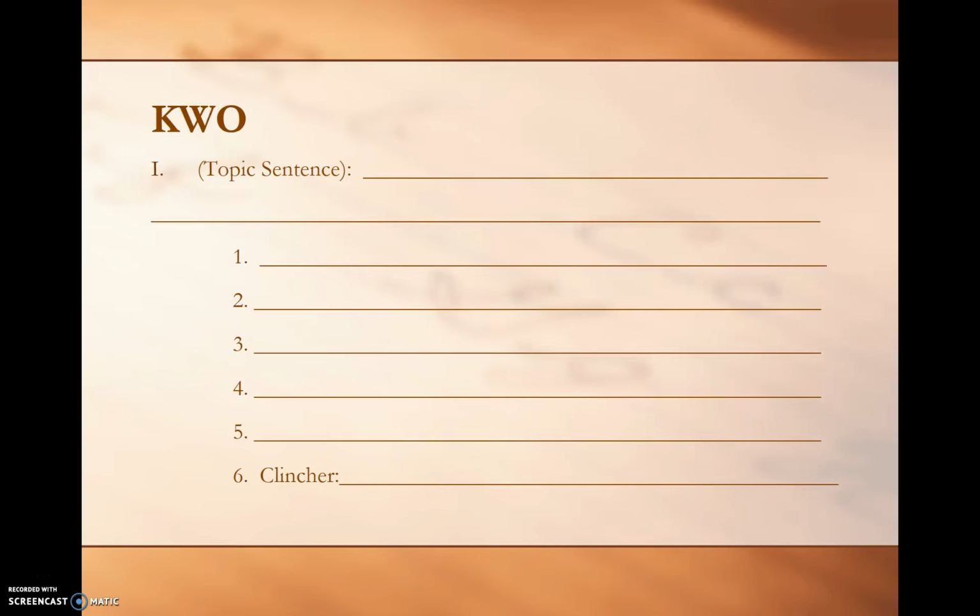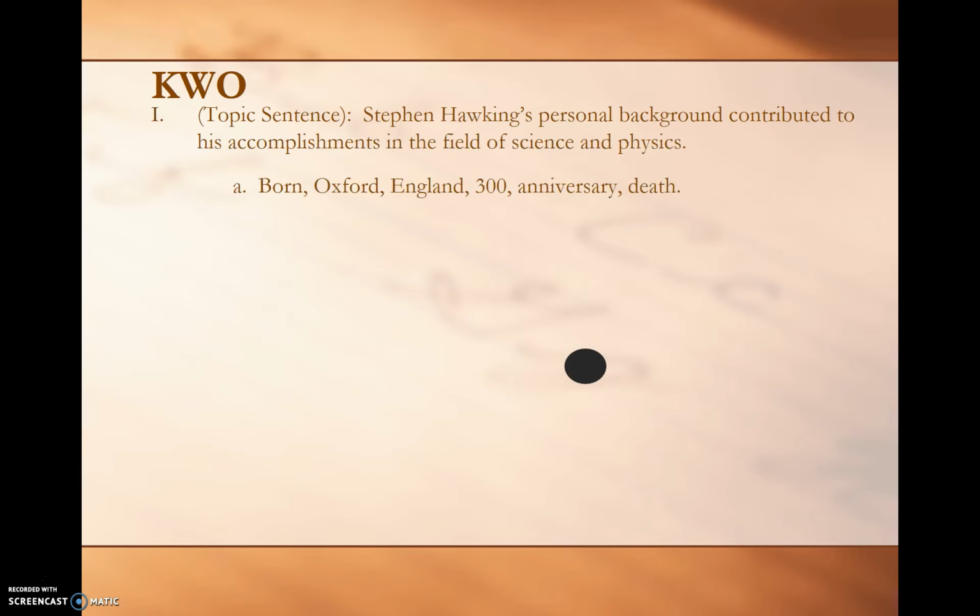So we're going to just look for details right now, and we're going to write the topic sentence and the clincher after we do that. Okay, so the first detail, I know there's a black hole in the middle of my screen right there. That's going to be one of the details, but apparently it's there already. So in looking through my sources, I've found that Hawking was born in Oxford, England, on the 300th anniversary of Galileo's death, and that's actually from two different sources.